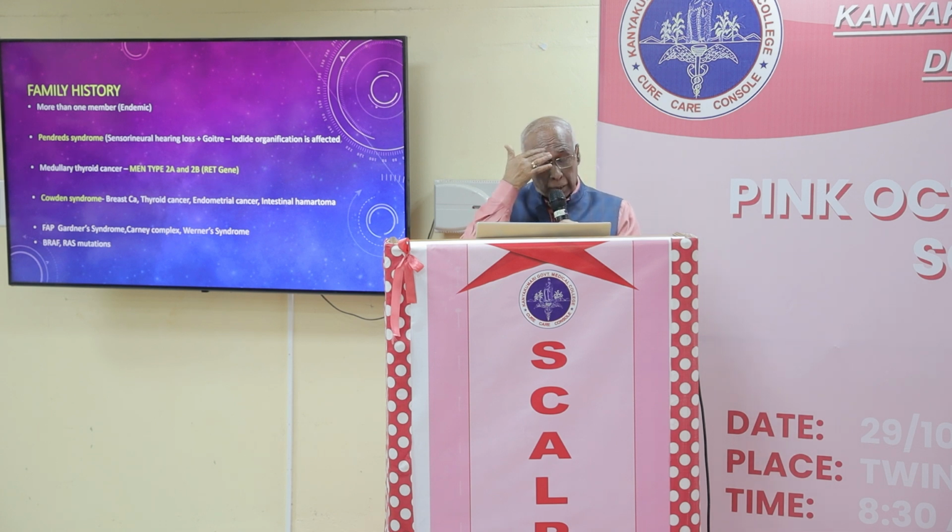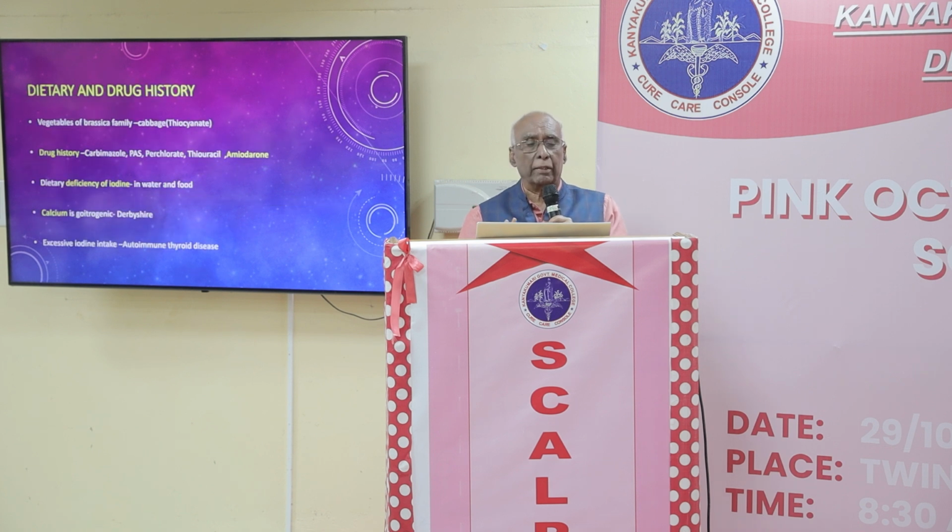And some mutations, the BRAF and RAS. BRAF mutation in papillary thyroid cancer, RAS in follicular thyroid cancer. Then dietary and drug history. At least you should know a few drugs which will affect the thyroid. They may ask you.